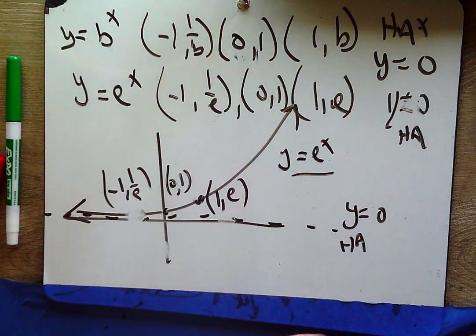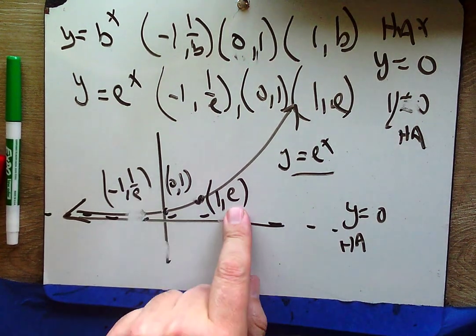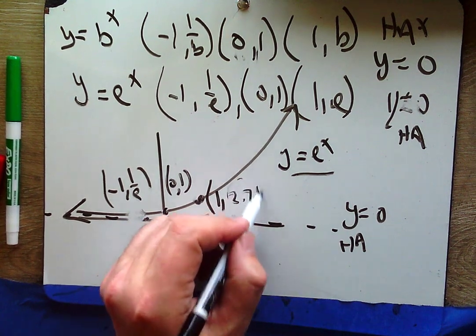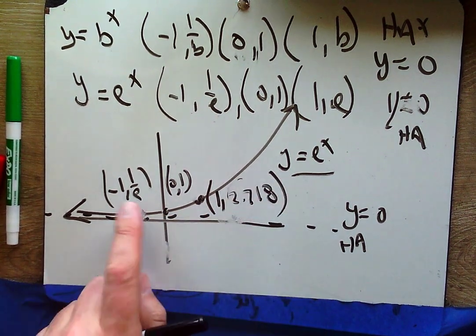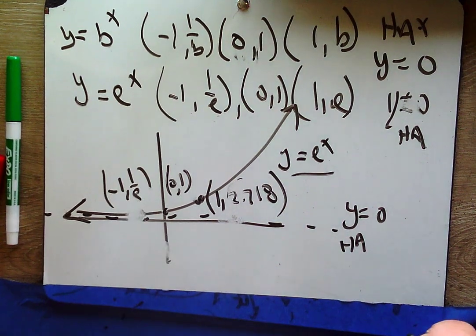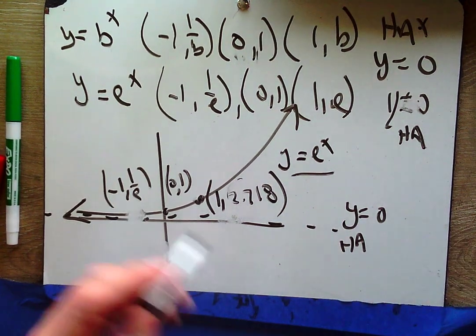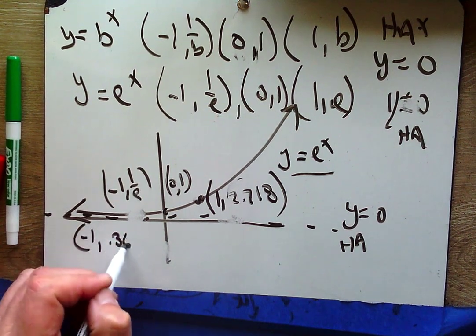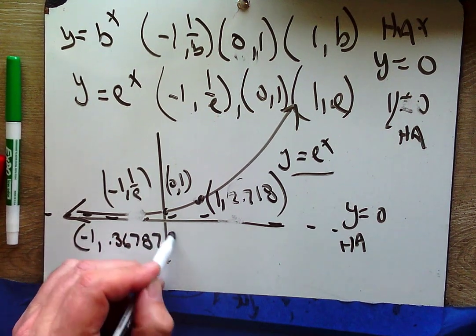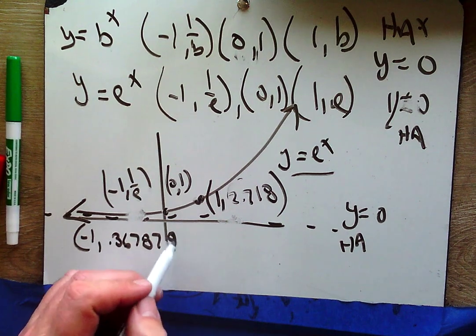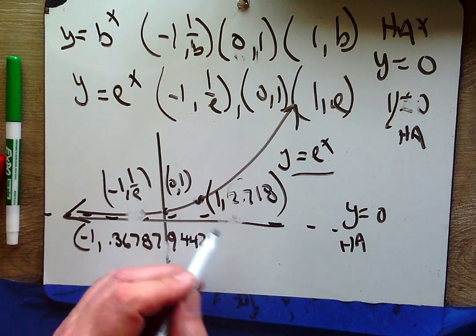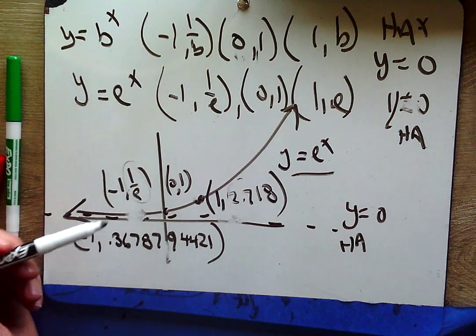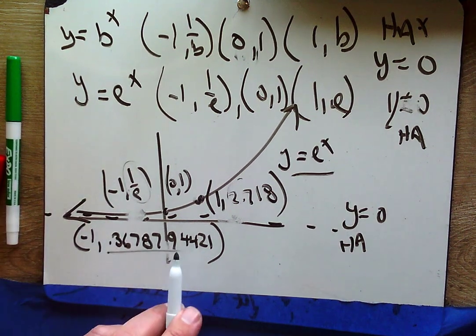Many students are not. And so instead of this, you might write 2.718. And over here, I get negative 1, 0.367879442. So instead of using 1 over e, I could use that.